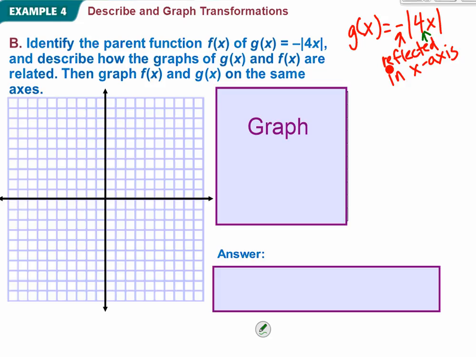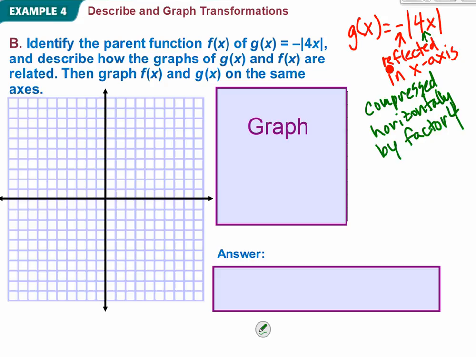And it's opposite, it's compressed. And it's reflected in the x-axis and it's compressed horizontally by a factor of 4. Oh, and I didn't say what the parent function was, but it's absolute value of x, and I'll write that in just a minute.